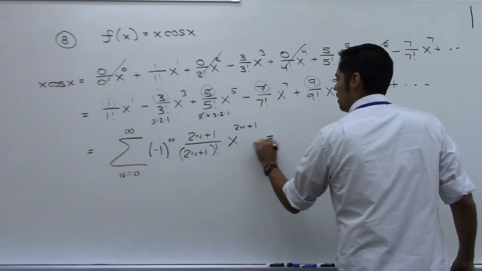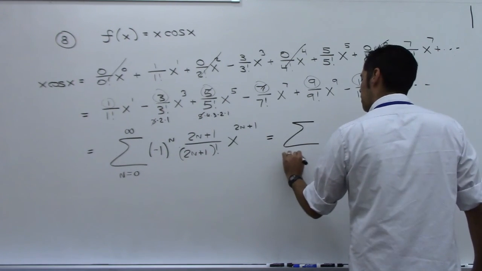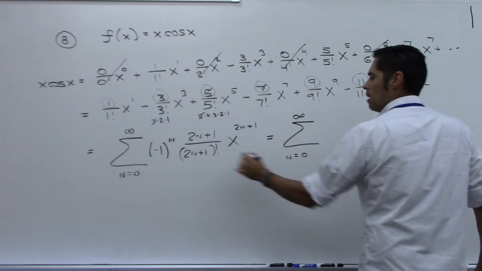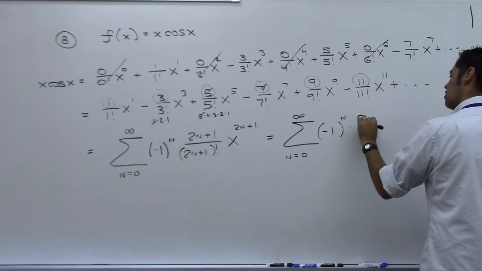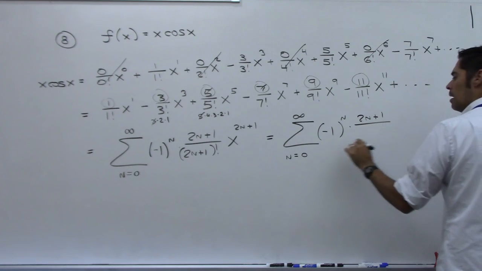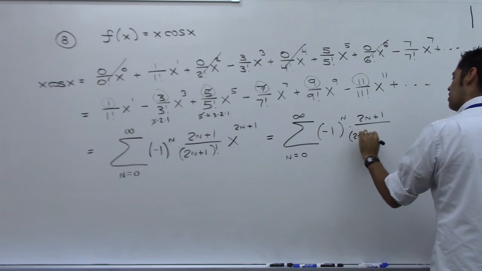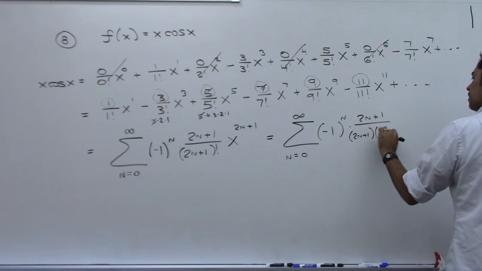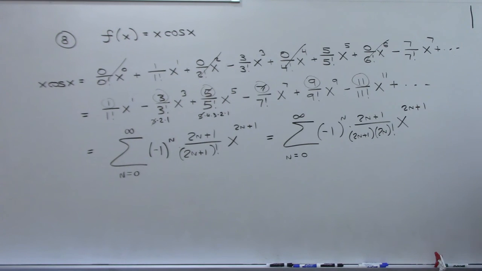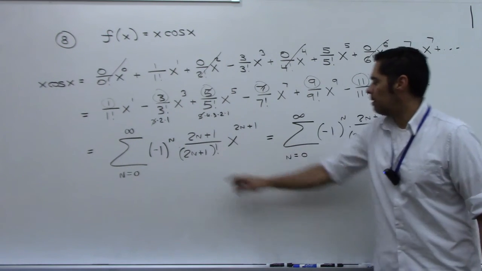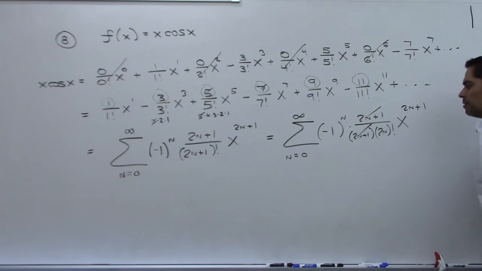You can see it another way if you just look at your formula here. Negative 1 to the n times 2n plus 1 over, let's rewrite the bottom as 2n plus 1, peel off 1, 2n factorial x to the 2n plus 1. So I'm just breaking this factorial down and noticing those two would cancel.